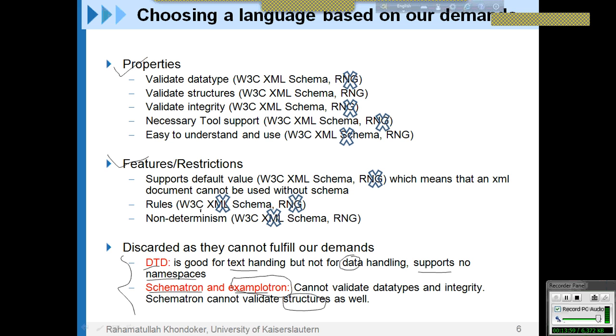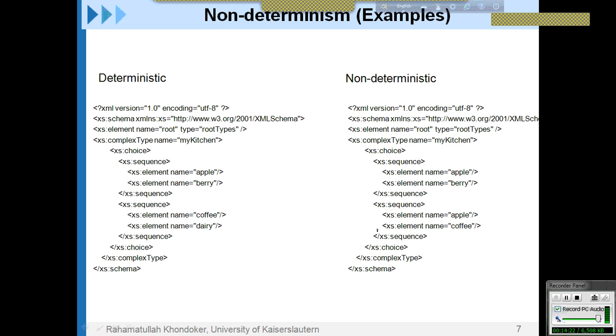Both W3C XML Schema and RNG don't support this. And non-deterministic determinism is actually an important point that I will discuss in this slide, which is supported more by RNG. Now let's take a look at what is determinism and non-determinism. So here we see an external document which has a root element and a choice between two groups.